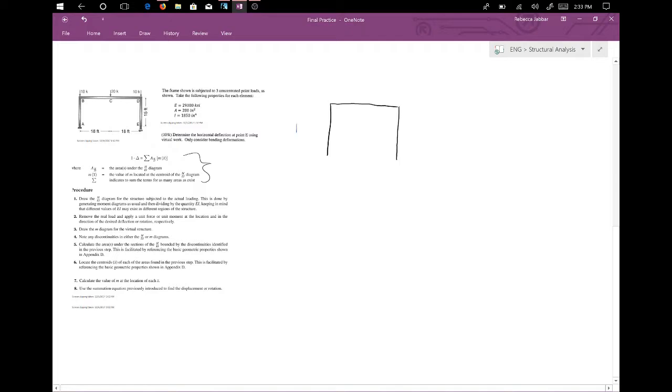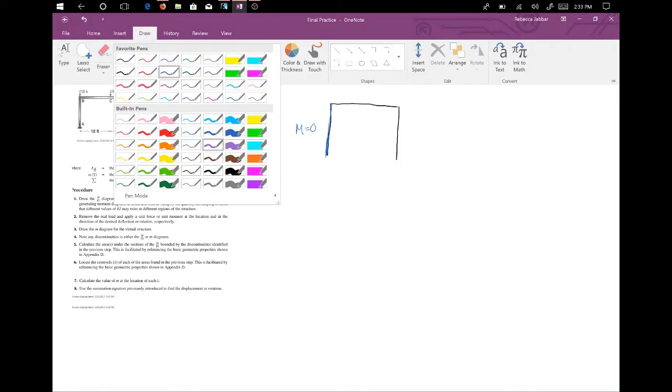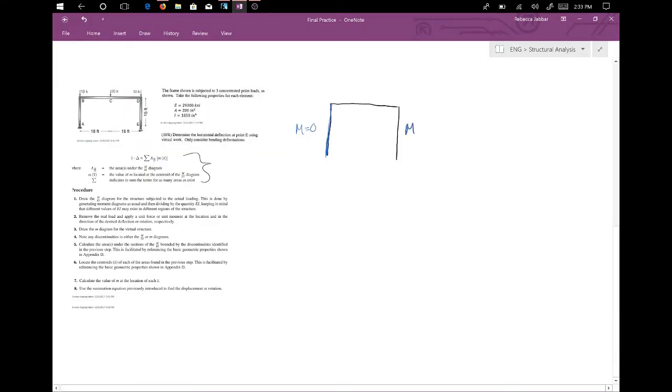And if you remember, this is equal to 0, so this is just a straight line. This was like our x and y axis. This would just be constantly at 0. And same thing for the other side. This will also be at 0.